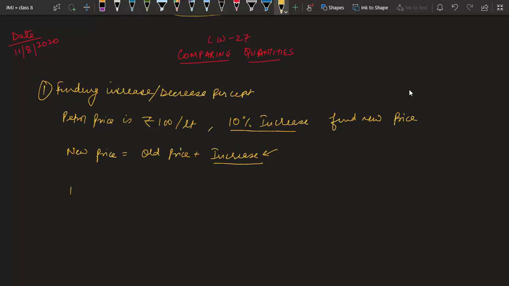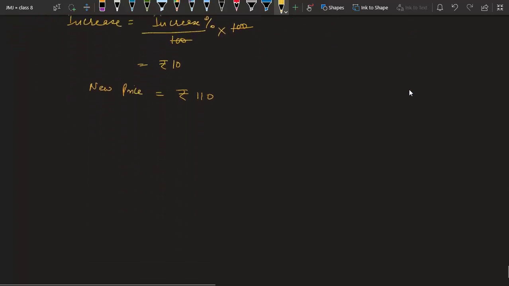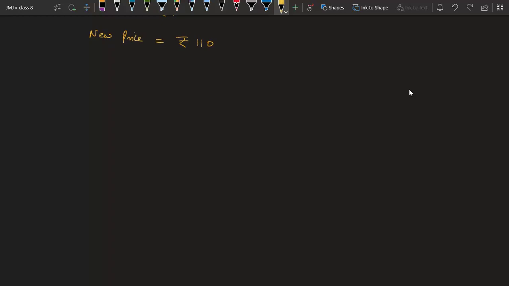So the increase will be given by increase percent divided by 100 multiplied with the actual price, that is 100 per liter. So this 100 will cancel and the answer will come out as 10. So rupees 10 will increase. So the new price is given by rupees 110.